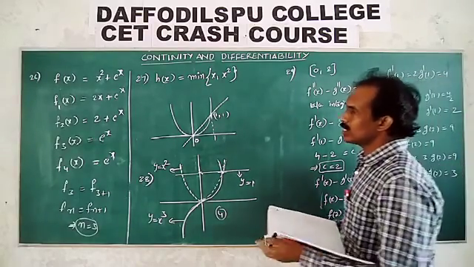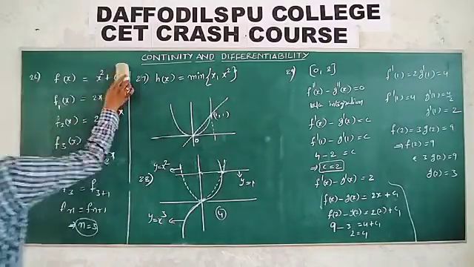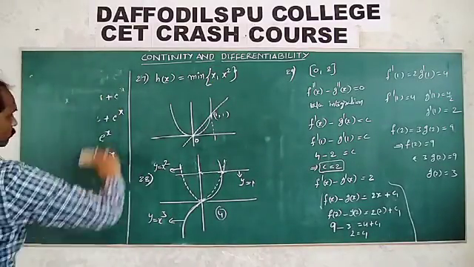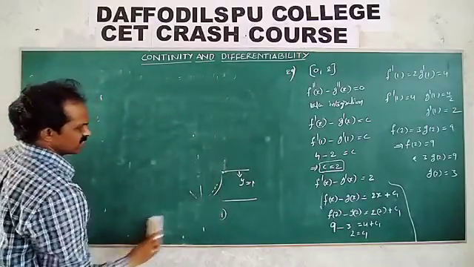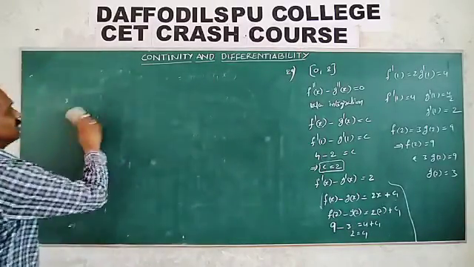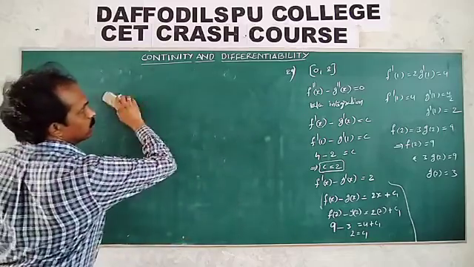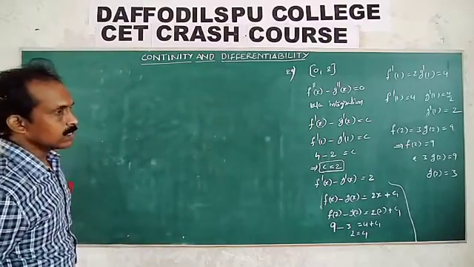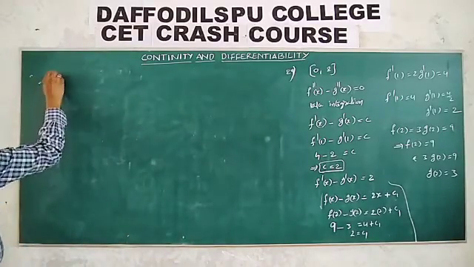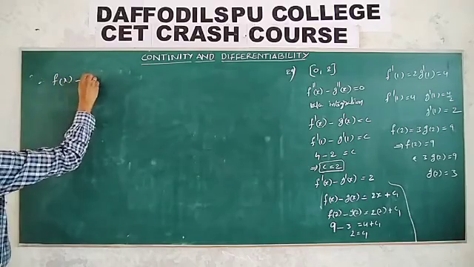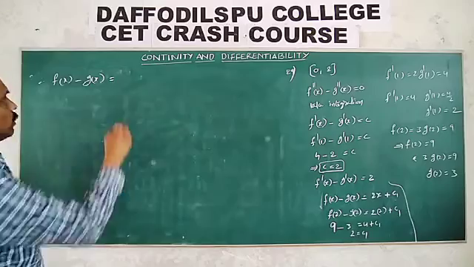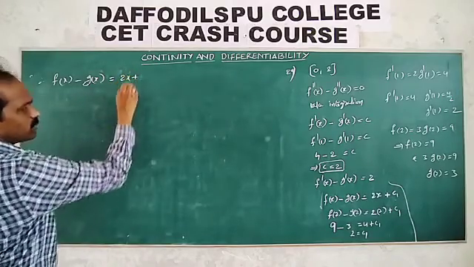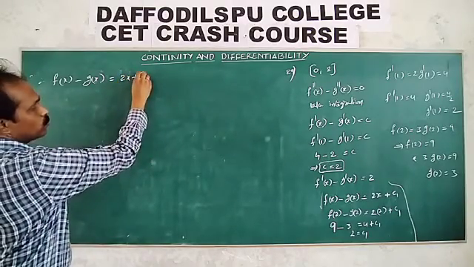So now write the original function. Therefore f(x) minus g(x) is equal to 2x plus c1. What is the c1 value? The c1 value is equal to 2.